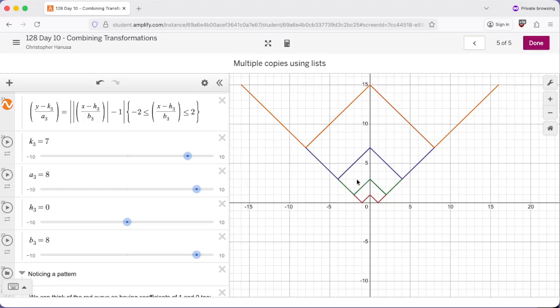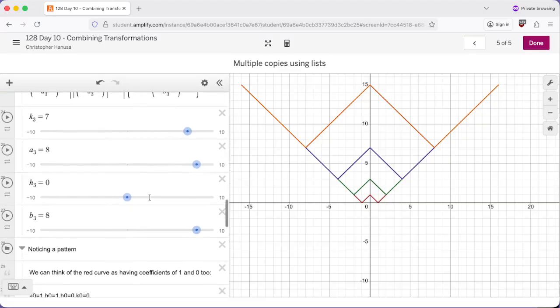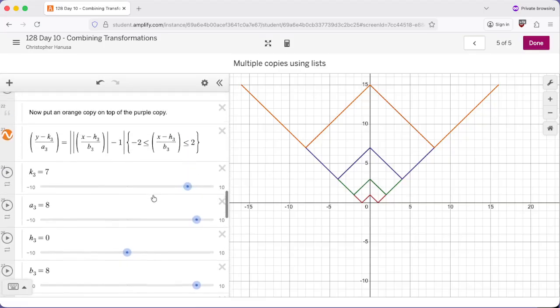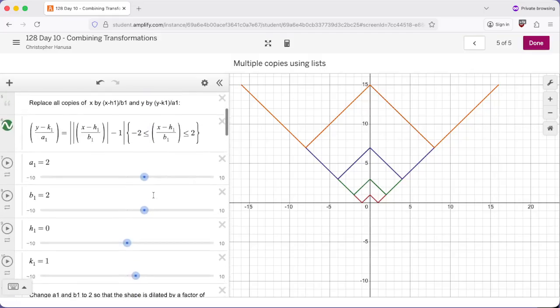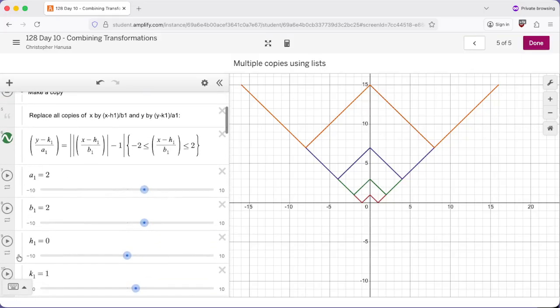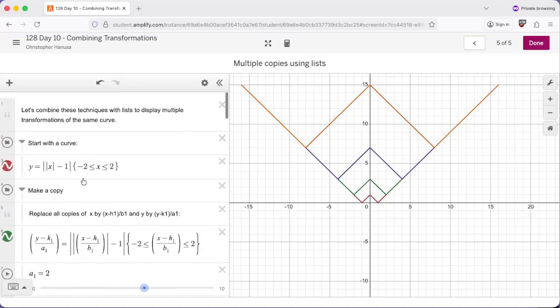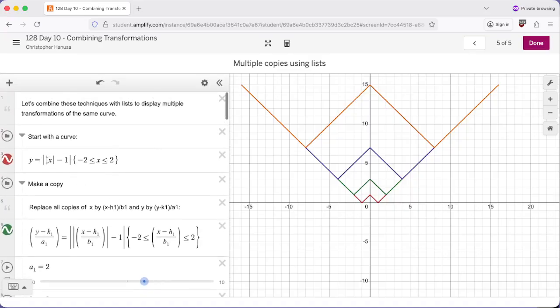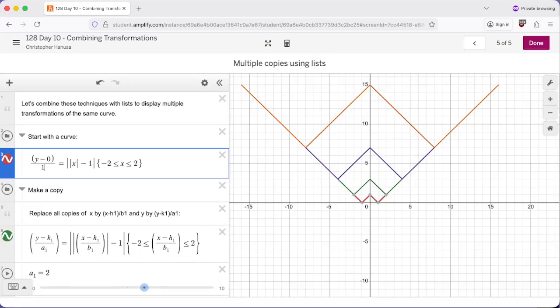Let's say we wanted to create this shape not with 4 curves, but instead with one list equation. To do that, let's look at the pattern of the A's. So in this shape up here, we really have something that looks like y minus 0 divided by 1, and x is x minus 0 divided by 1, right?